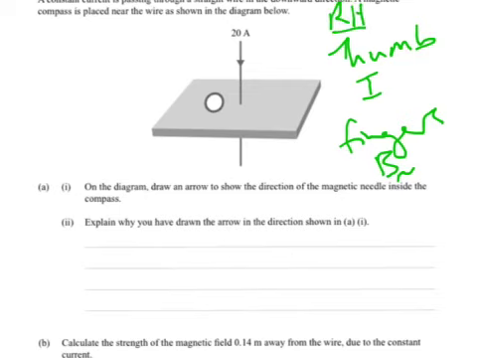So our thumb from our right hand points downwards in the direction of the conventional current, 20 amps, and our fingers curl around that way. So that shows this direction around, that's supposed to be joined around there. So in this loop here, it's going to be pointing roughly in that direction.